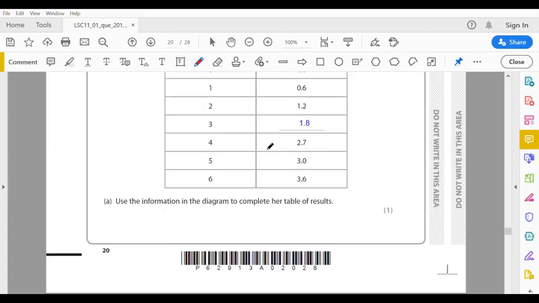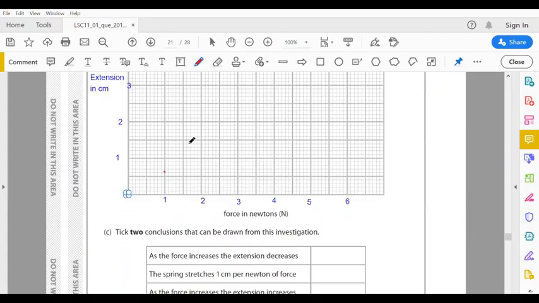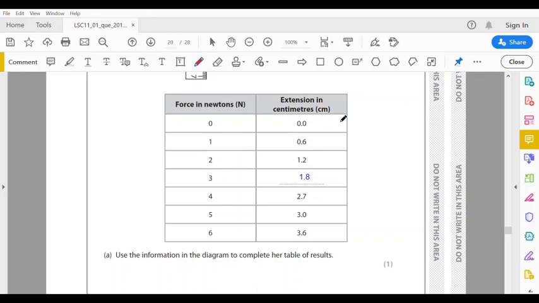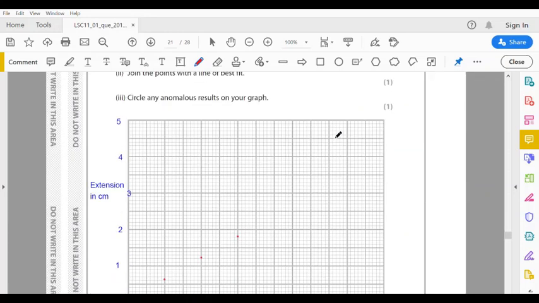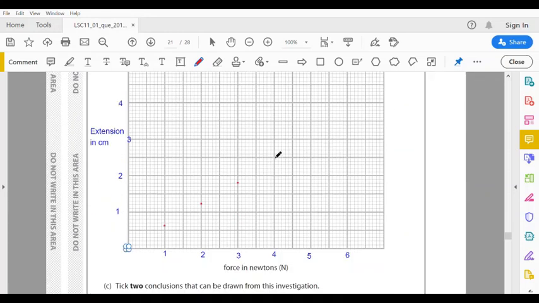Second one it's 1.2, then 1.8, then 2.7, 3 and 3.6.